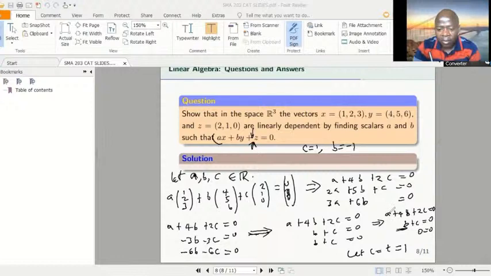Now, b is -1, so we proceed with the first equation here: a plus 4b plus 2c. C is 1, so 2 times 1 is 2. Here it's 4 times -1, which is -4. So -4 plus 2 gives us -2. So what we have here is a minus 2 is equal to 0, which means that a would be 2.